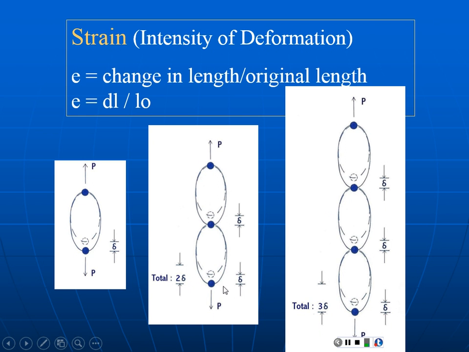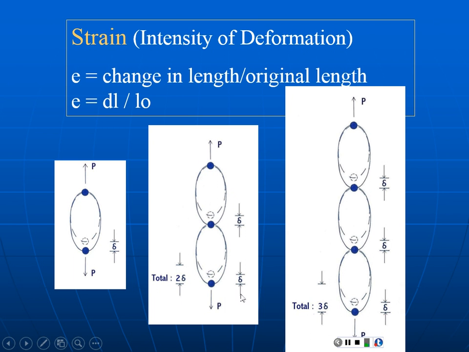So obviously, if I talk about the total displacement of these chains, they appear to be very different. But if I think about what's happening to the individual rubber bands, exactly the same thing is happening to each rubber band. So strain is intensity of deformation, and what's the deformation per rubber band? The initial length of this rubber band we could call L0, and delta, or dL, is the change in length.